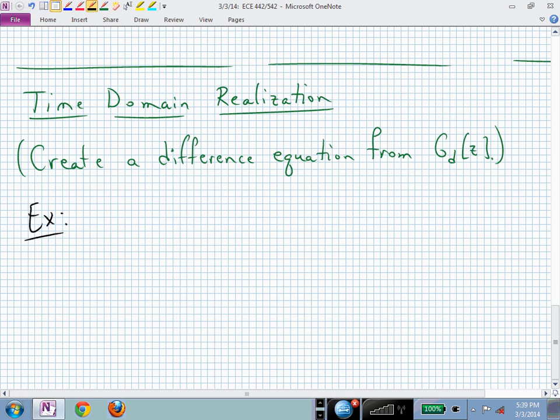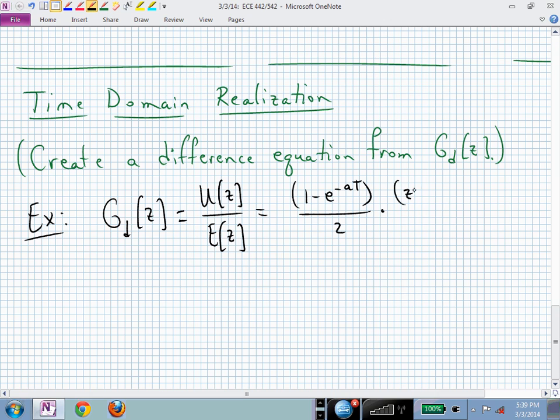So now we have this G sub d of z, which we could say is relating an input E of z to an output U of z. And we said that that was this gain times the infinite zero factor and the pole at e to the minus AT.